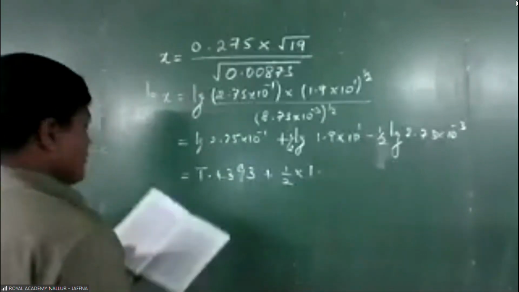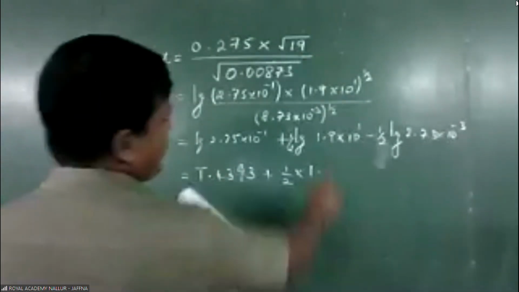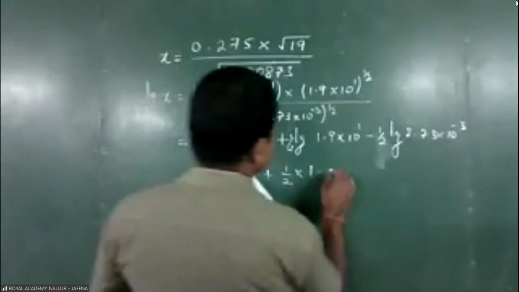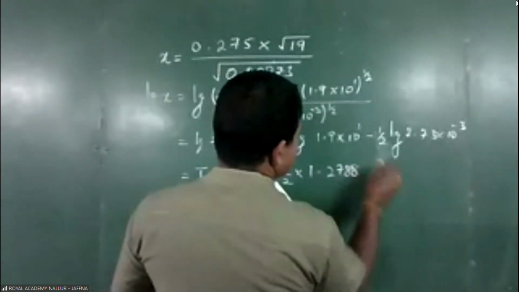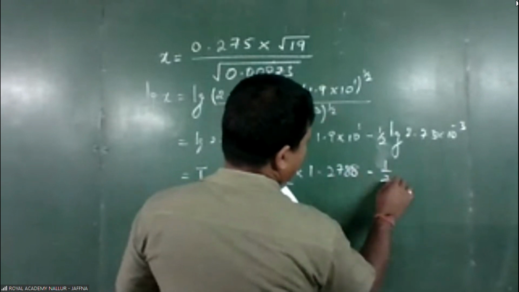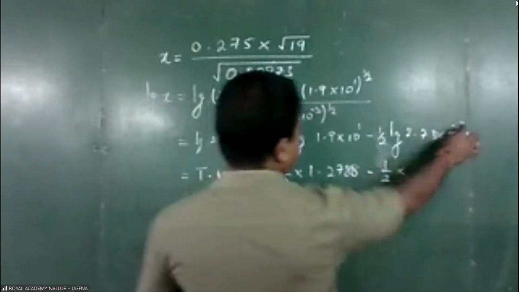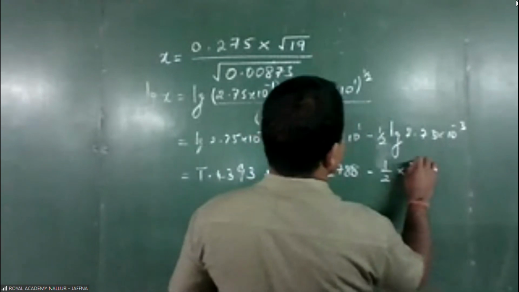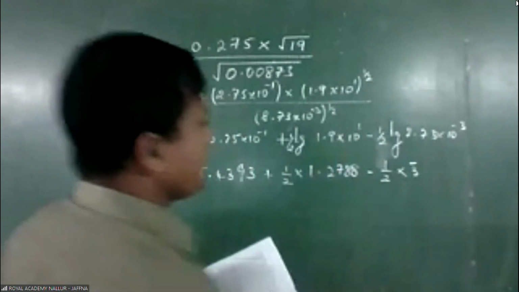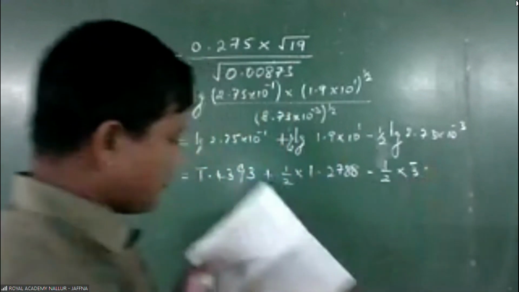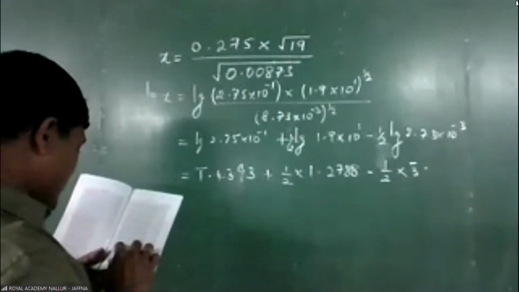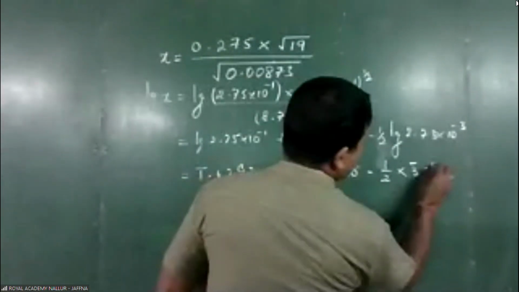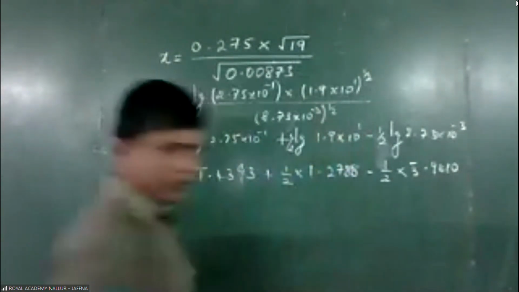Therefore, 1 point. Logarithm of 1.9 is 0.2788 minus half of 10 to the power -3. Therefore, it's bar 3 point. Now logarithm of 8.73, that answer is 9410. 9410, right? We have to simplify.